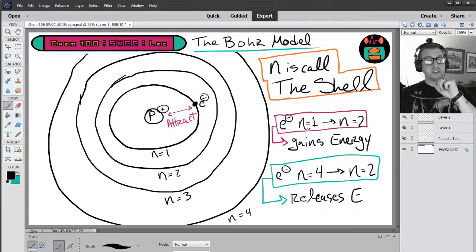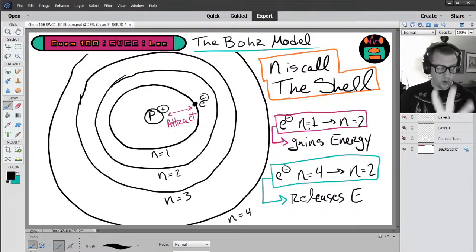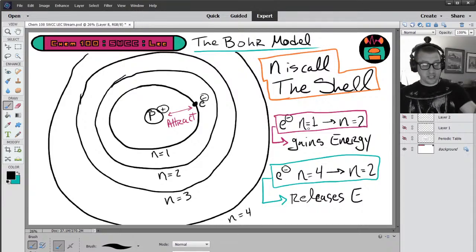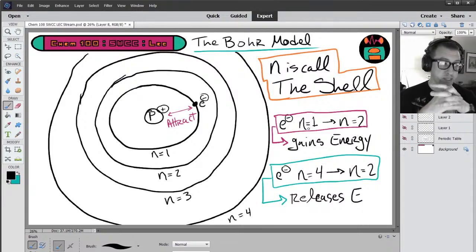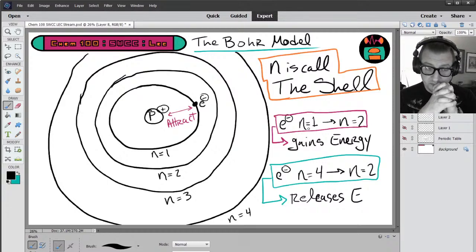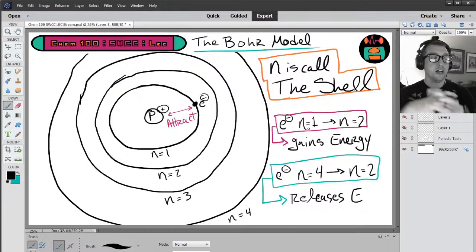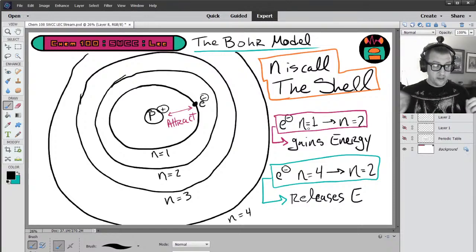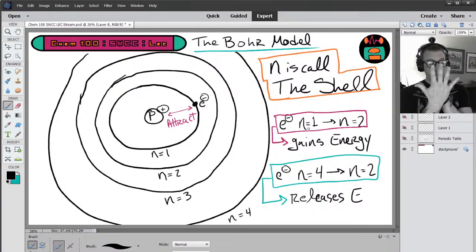One of the things the Bohr model got wrong is that it assumed the electron moved in a two-dimensional orbit, like in a circle or an ellipse, when in fact it does not. The electron is free to move through three-dimensional space, as are we. The thing is, it got the energy levels right. The shells of the Bohr model were correct. It's just the two-dimensional nature of the orbit that was incorrect.